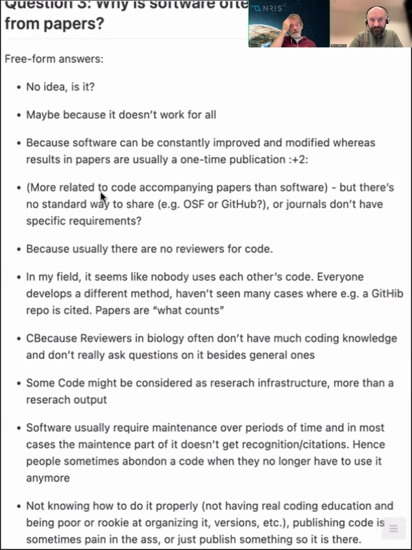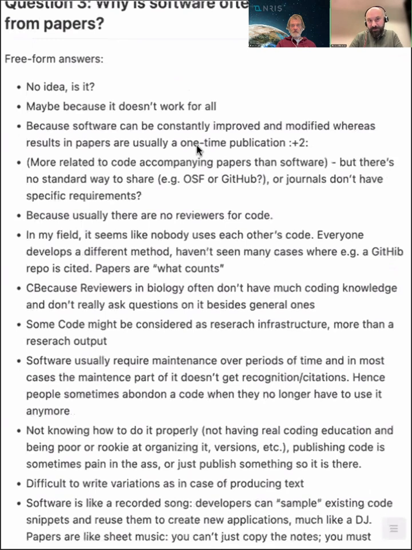We see that there are some answers saying that papers are usually one-time publications and software is constantly being improved. But then, of course, one could also argue that, and it has happened to me, I've published some software with a paper, but then never went back to that software.